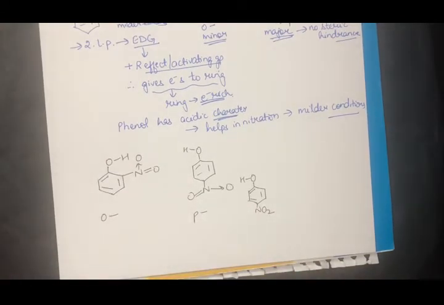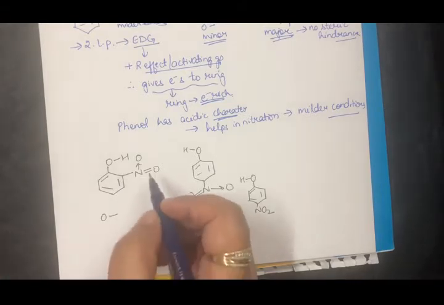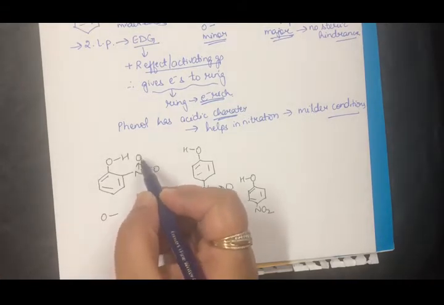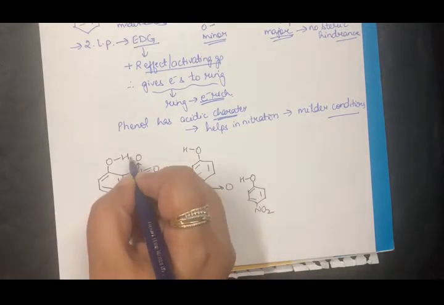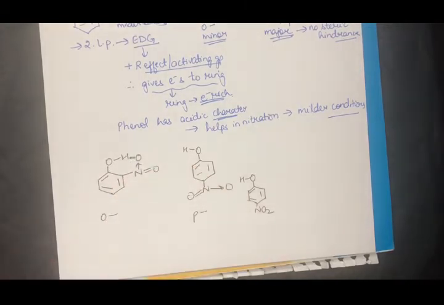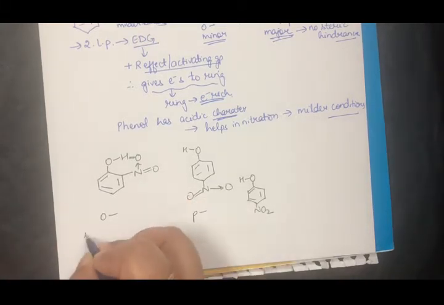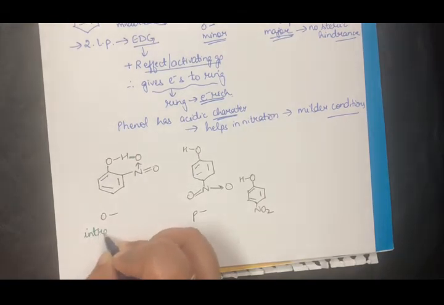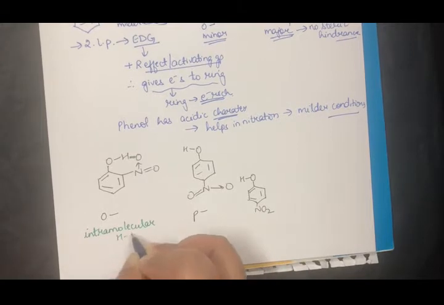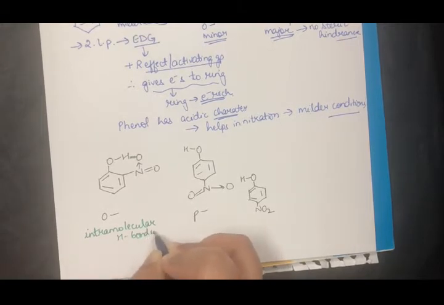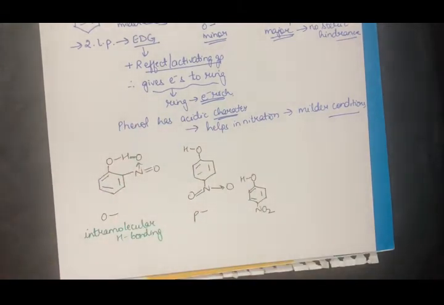In this, the oxygen from the nitro group present at the ortho position is forming a bond with the H of the hydroxyl group present in the phenol. Now there is intramolecular hydrogen bonding happening. That means it is within the same molecule.